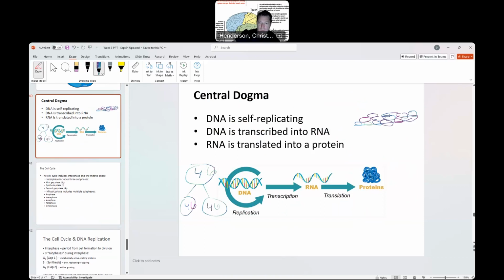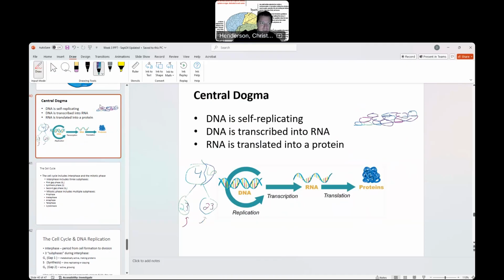But what happens here is, imagine if we divided this cell in half, and then we divided the 46 chromosomes. How many would go into this daughter cell? If we did it in half, there would only be 23, and there would only be 23. Do we want this? No, we don't want this.